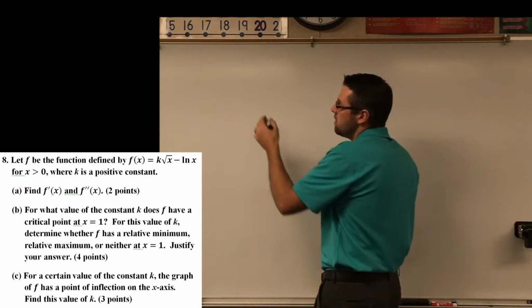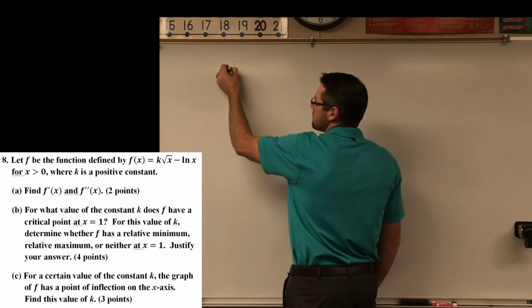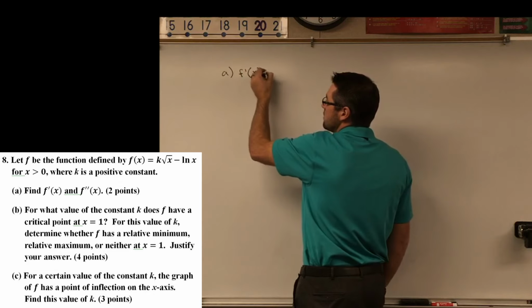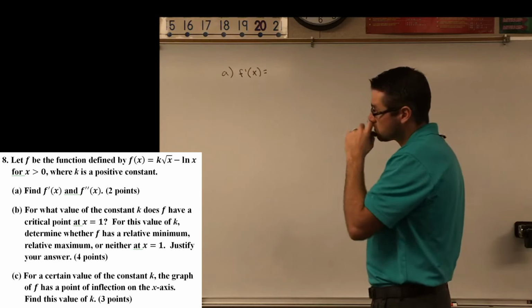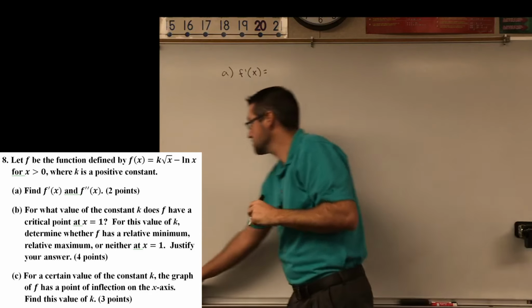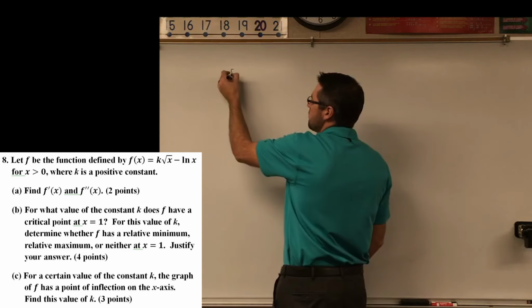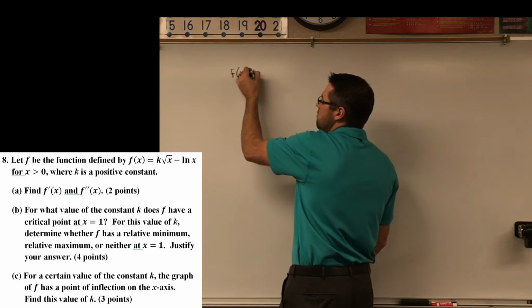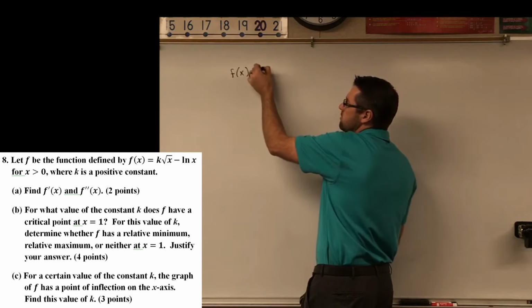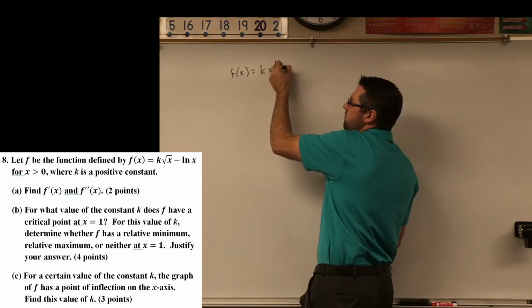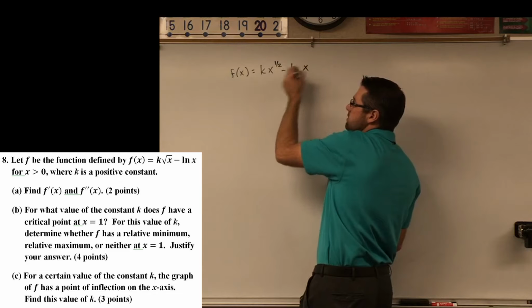Keep that in mind. Part A, we're looking for f prime, so that should be easy enough. F prime of x. What rule? Product rule? No, not product rule. Let me rewrite. Chain rule, maybe? I'm going to rewrite f of x as k x to the 1/2 minus natural log of x.